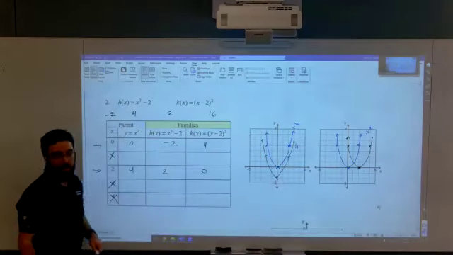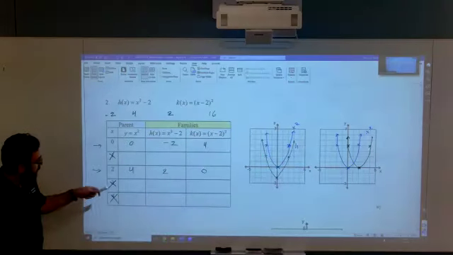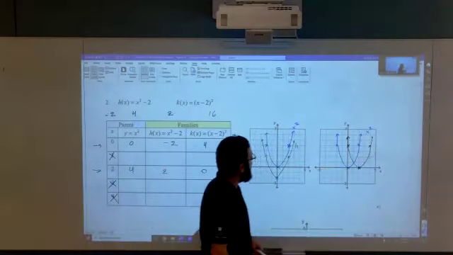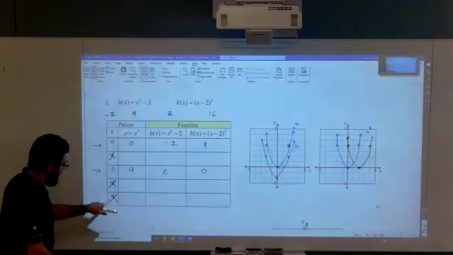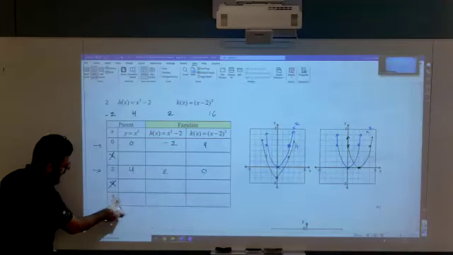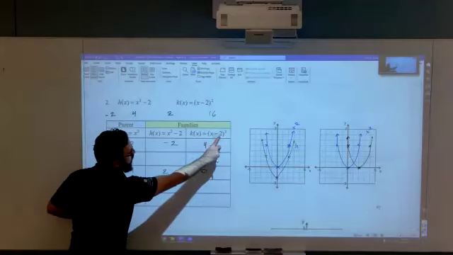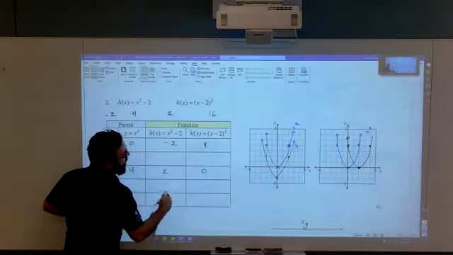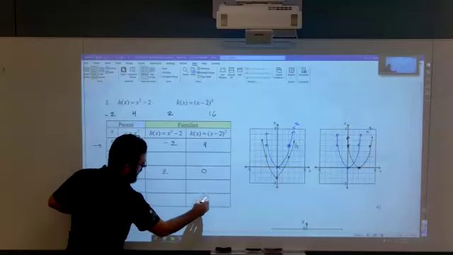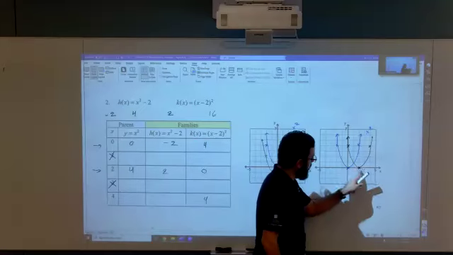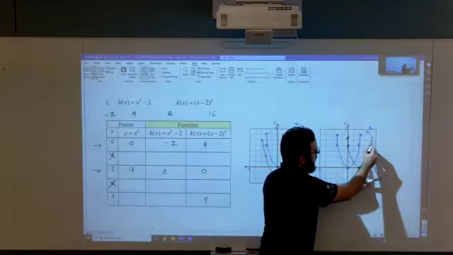You can do 4, yes. It'll give you that last point. If you plug in 4 here, 4 minus 2 is 2 squared, which is 4. That's this point.